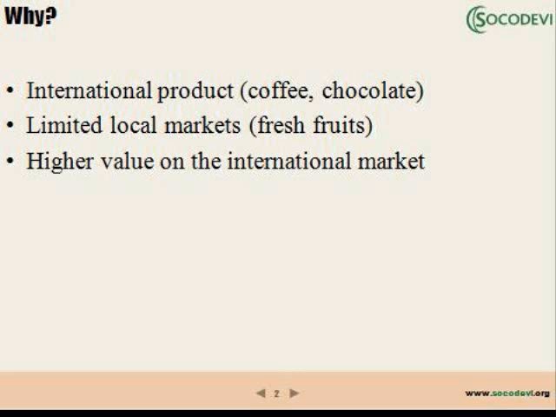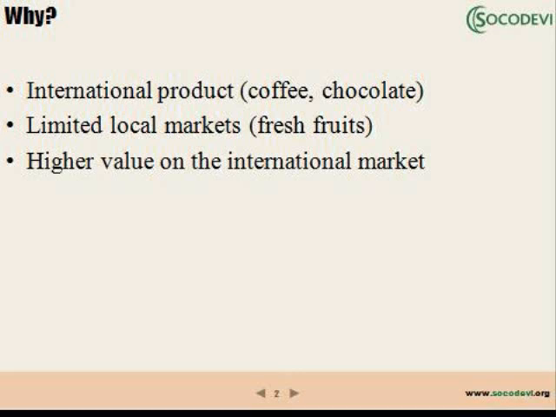In some other instances, people are producing local food, but all these foods are coming at the same time on the market, and then their local market is not very adequate for them. The prices are going down because of the excess of production locally available.